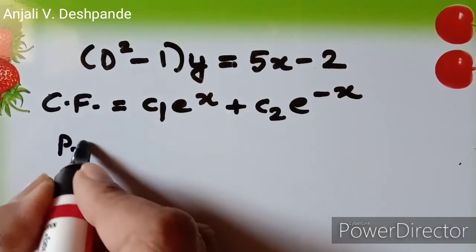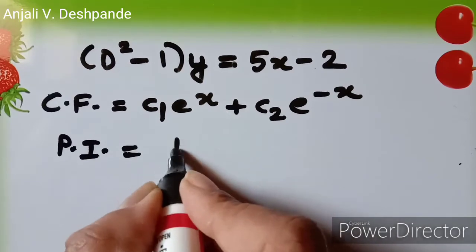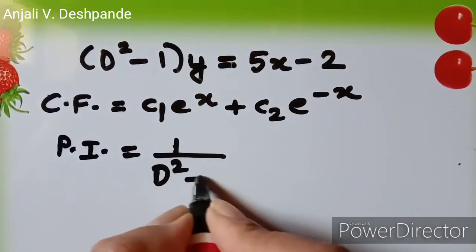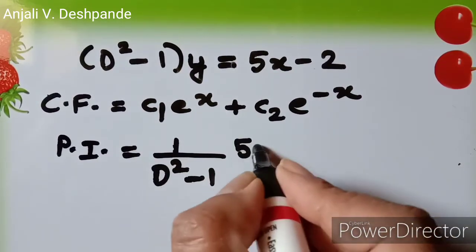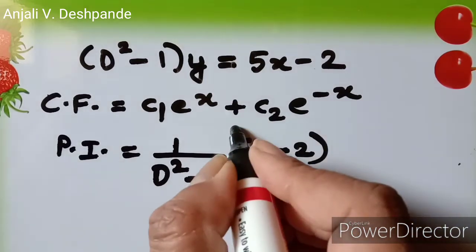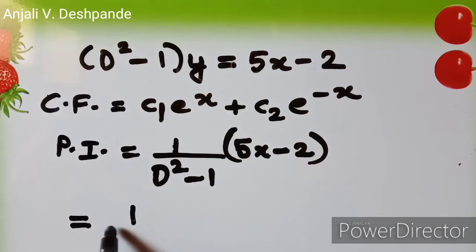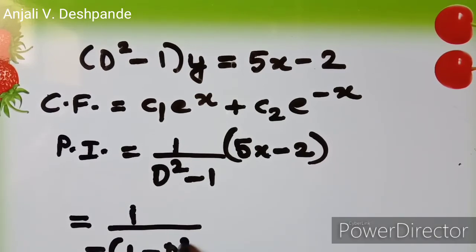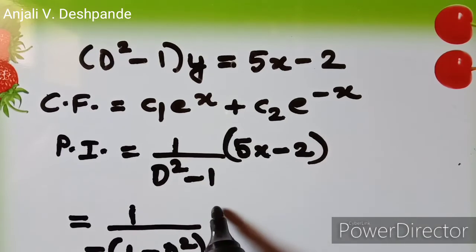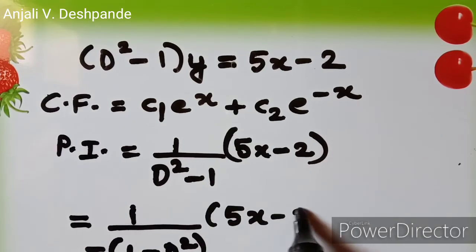So in this case the PI is equal to 1 upon (D² - 1) of 5x - 2. So what we are going to do, as was told, we are going to write this as 1 upon -(1 - D²), taking the minus sign outside, and 5x - 2.